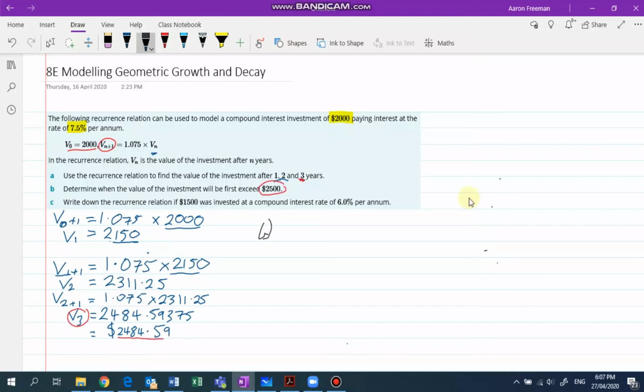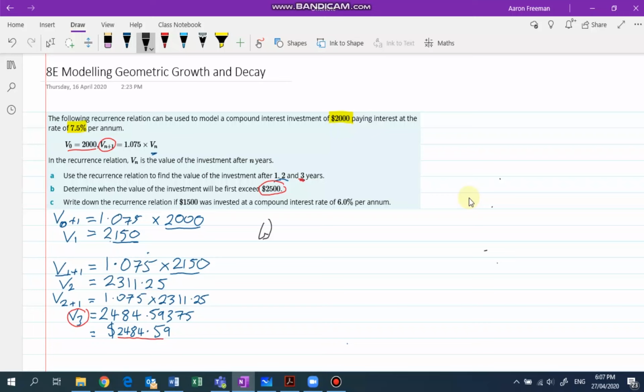So part B asks us to determine when the value of the investment will first exceed $2,500. So to do this, we take our recurrence relation and keep repeating it until we get a value that's greater than $2,500. Okay, so this you can do in the calculator.